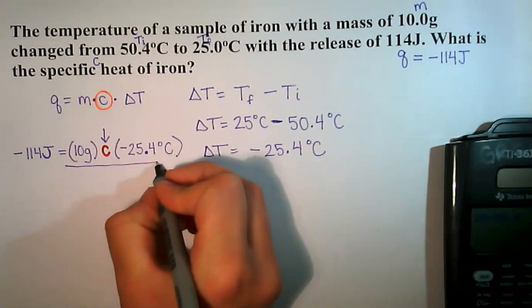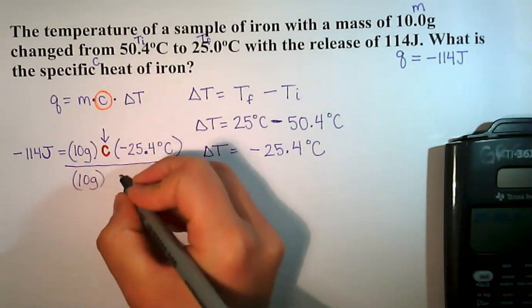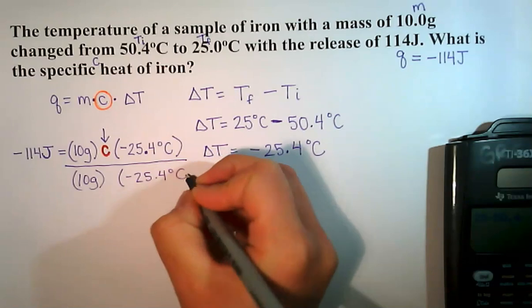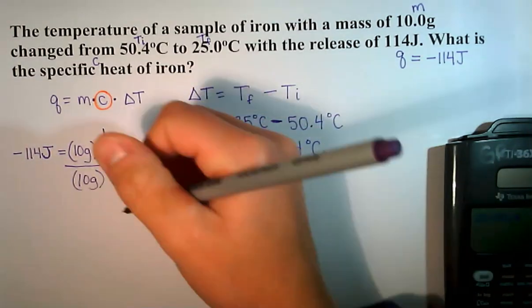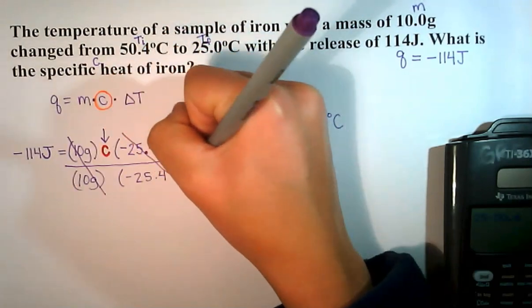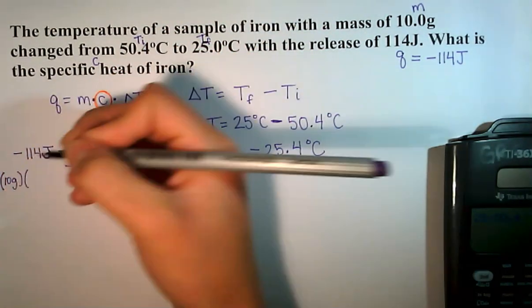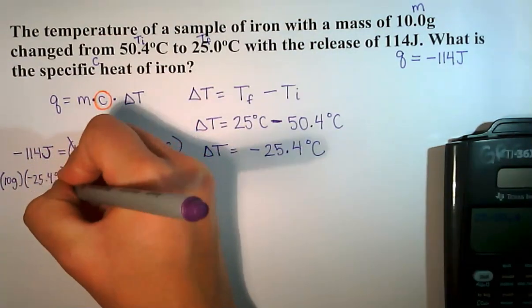So I'm going to divide by both of those, 10 grams, and divide by negative 25.4 degrees Celsius, so we can move these to the other side of our equation, because whatever we do to one side in algebra, we have to do to the other side. So we're also going to divide by 10 grams times negative 25.4 degrees Celsius.